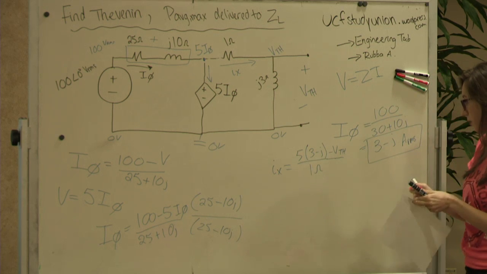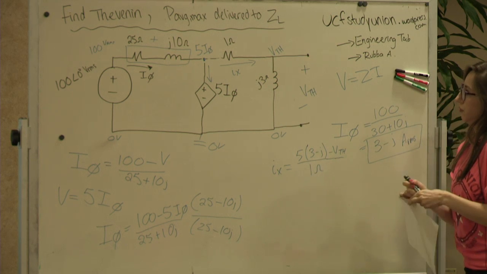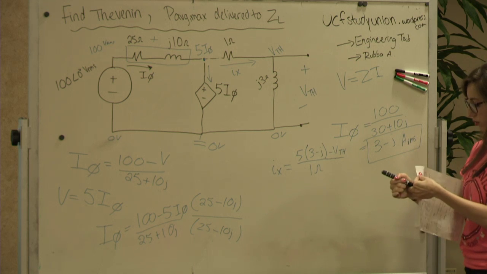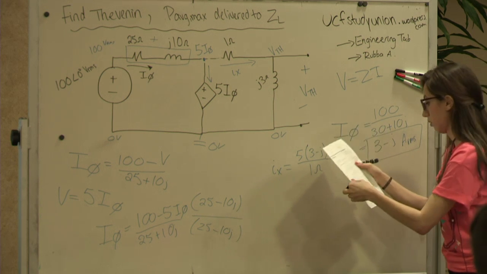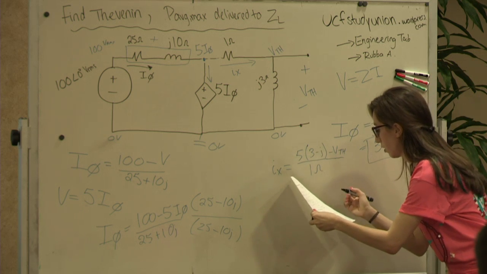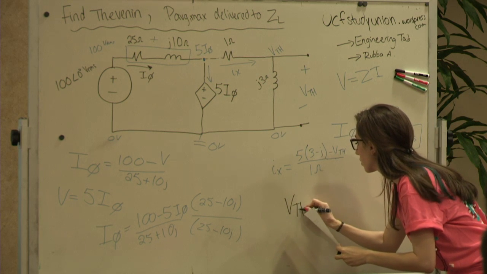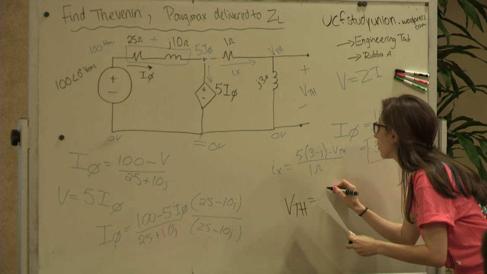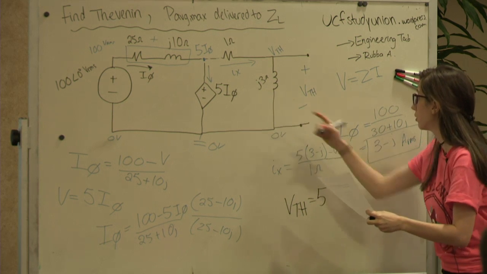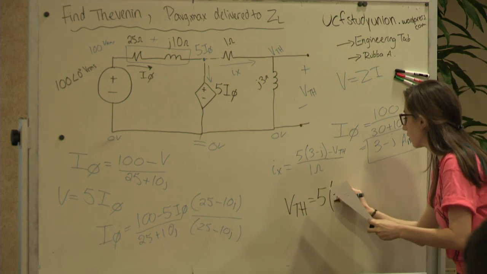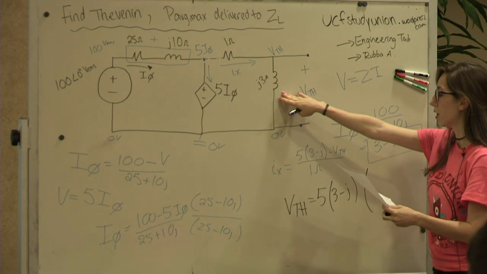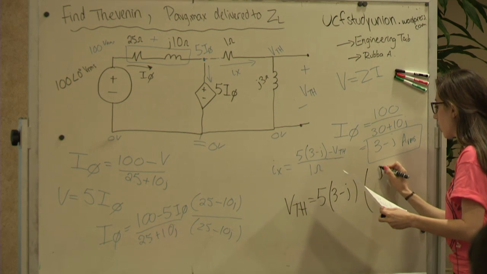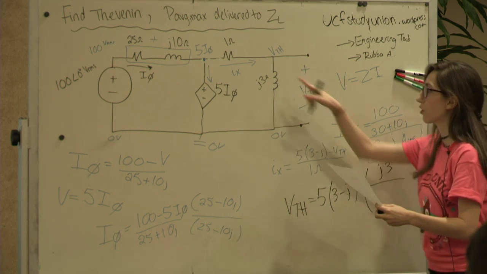So VTH will equal 5IO, which is 3 minus J, times the impedance that you're looking at, so J3, over the sum of the 2.